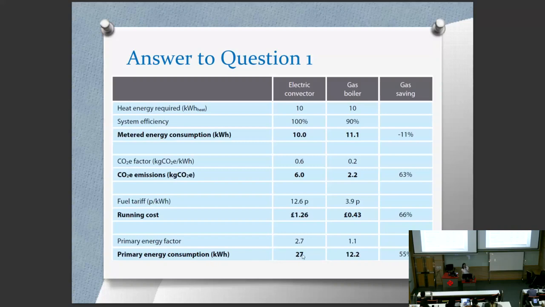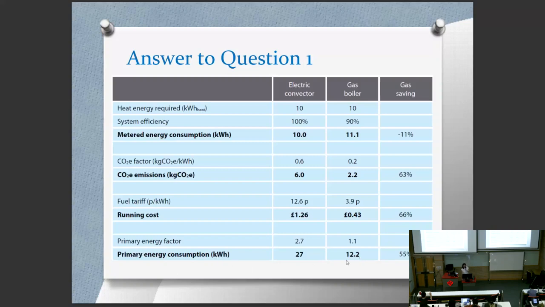So it means in order to produce 10 kilowatt hour of electricity, we need to consume 27 kilowatt hour of primary energy. And for the gas boiler, the factor is 1.1. So in order to produce 11.1 kilowatt hour of natural gas energy, we have to consume 12.2 kilowatt hour of primary energy.